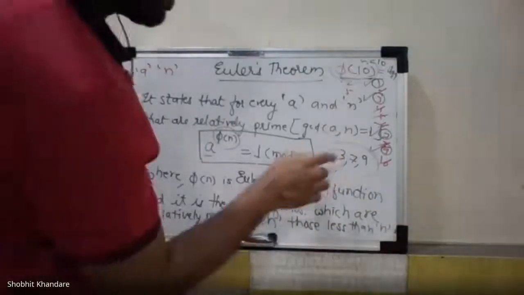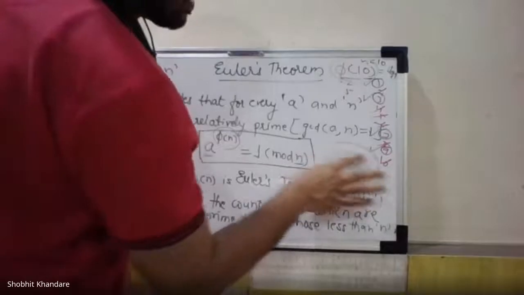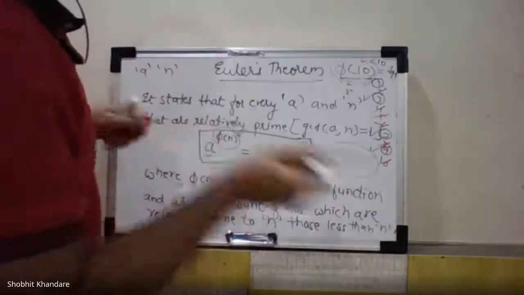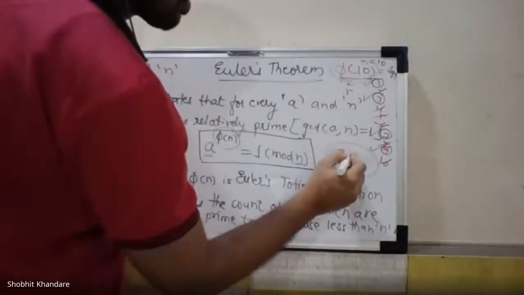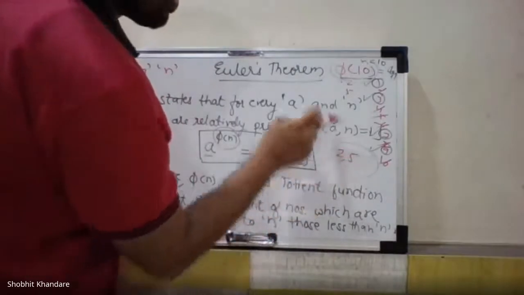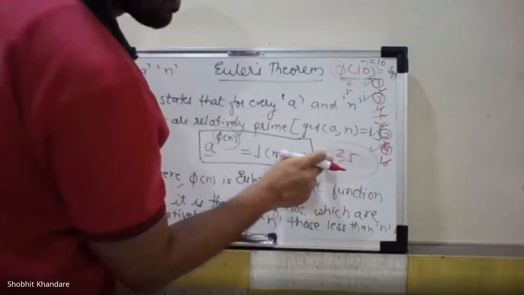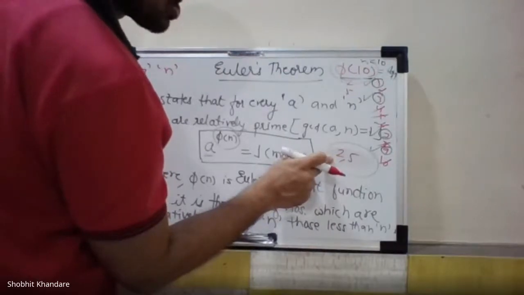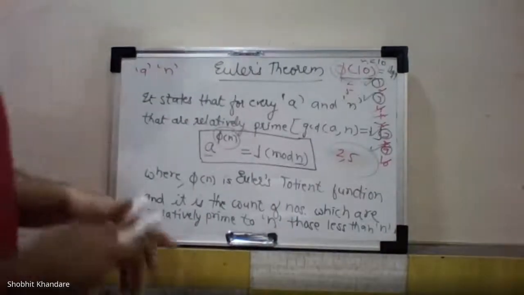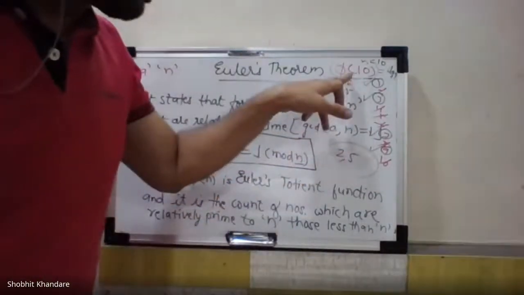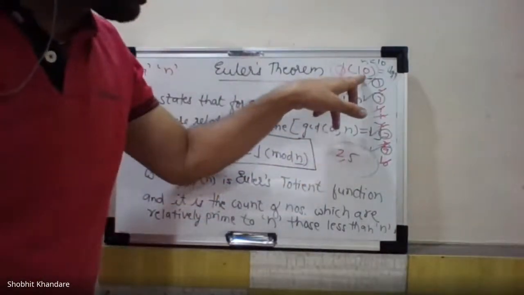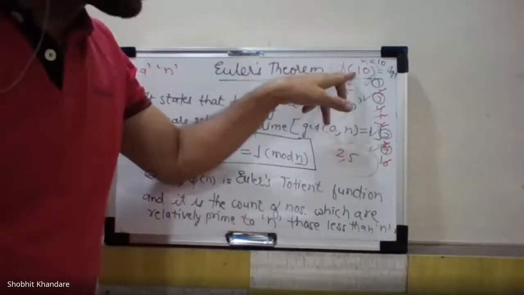We want the phi of n. Here n is equal to 10.